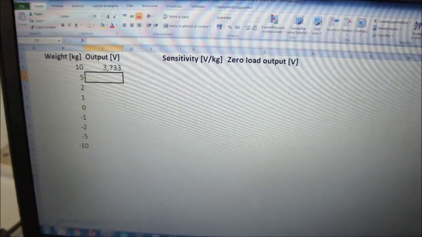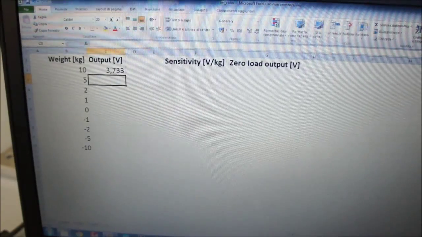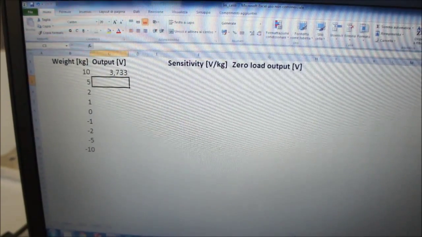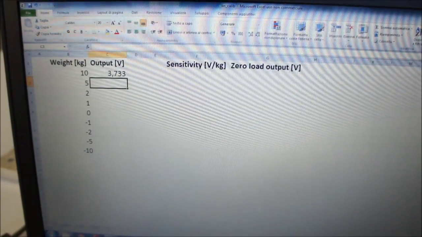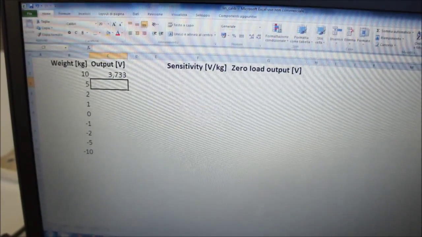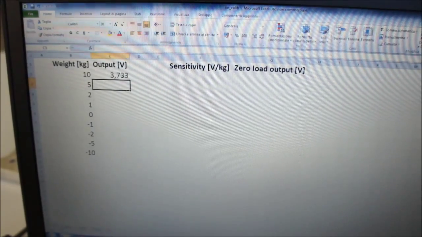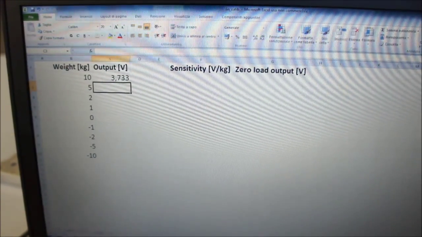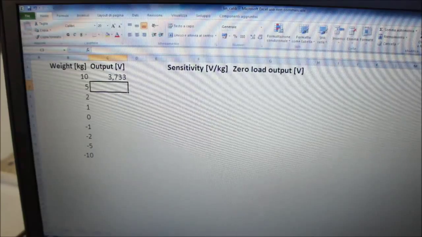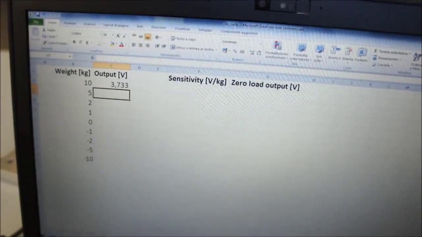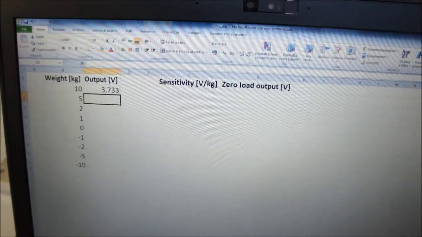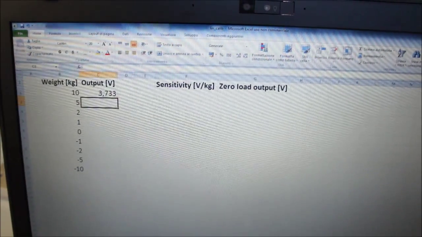Now that the gain is set, we have to choose a proper calibration path, so we have to choose the sequence of weights to be applied to our system. You can see that I already applied the 10 kilograms weight and got an output of 3.733 volts out of my circuit. Now we follow the loading path and apply 5 kilograms, 2 kilograms, 1 kilogram.